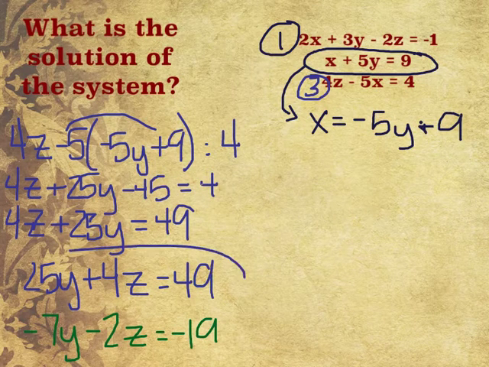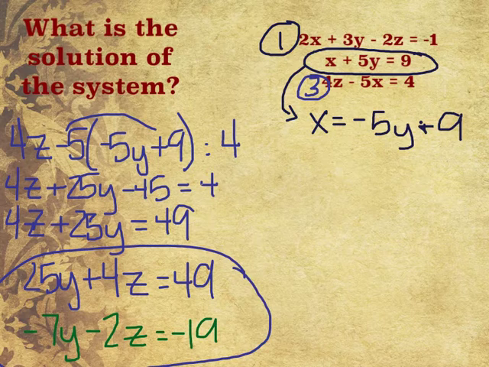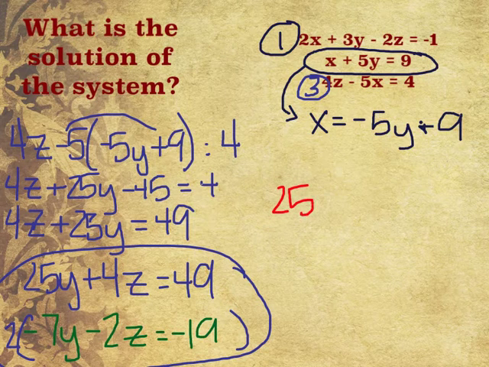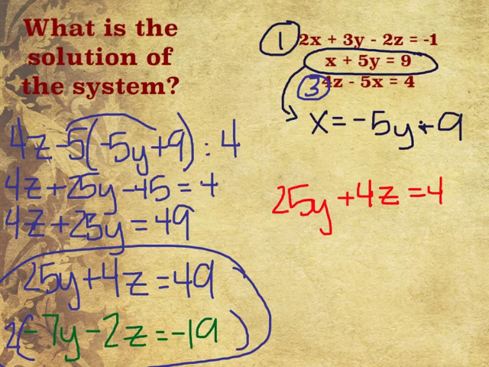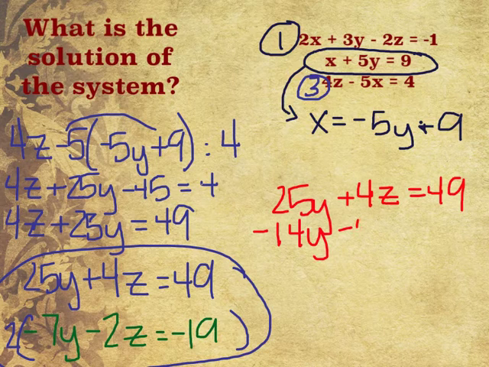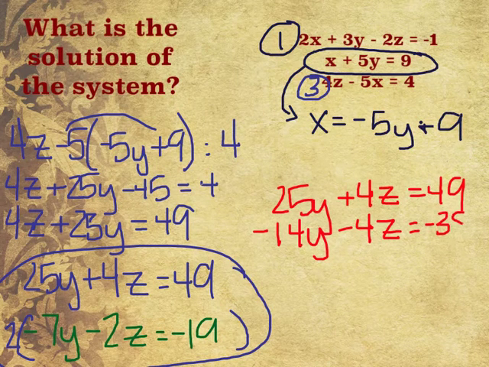Now I have two equations that can add up to eliminate a variable. It looks like if I multiply the bottom one by 2, I will have a positive 4z and a negative 4z. So let's go ahead and do that. We have 25y plus 4z equals 49. And then we have negative 14y minus 4z equals negative 38.